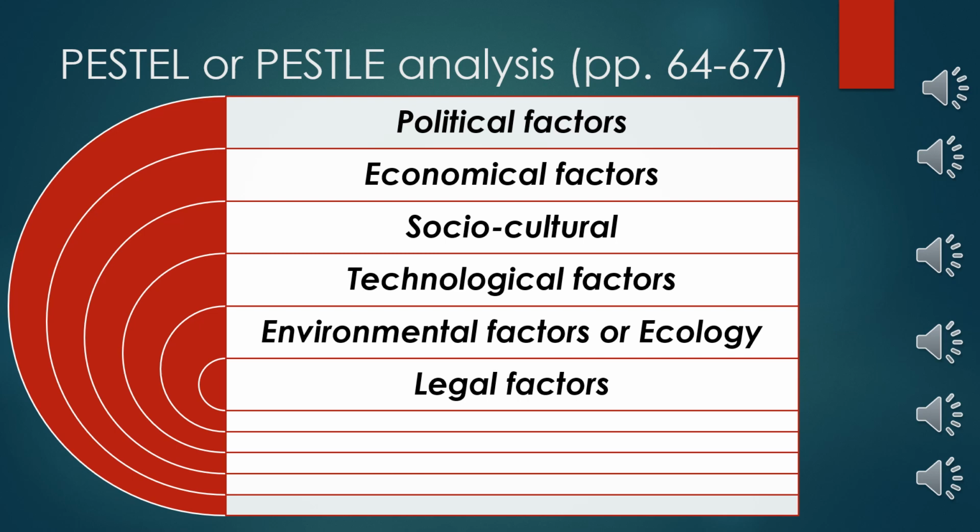Social factors are age distribution, education level, and income level. They also include cultural values and religions. Technological factors include emerging technologies, the internet, information and communication technology, e-marketing, and e-commerce.